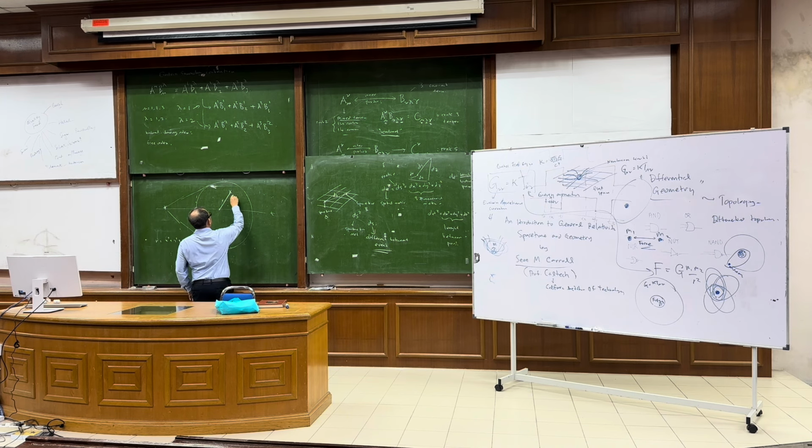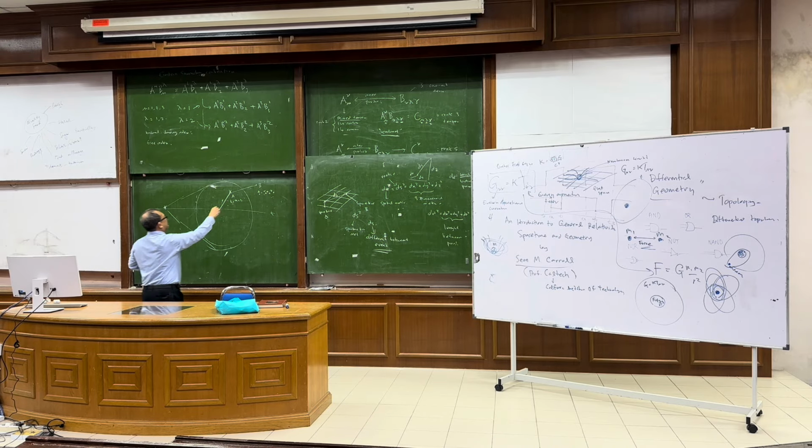This is point A, and then you imagine after some time it goes to point B. x y z at time 1, x y z at time 2: two different space and time, two different events. So this is ds.